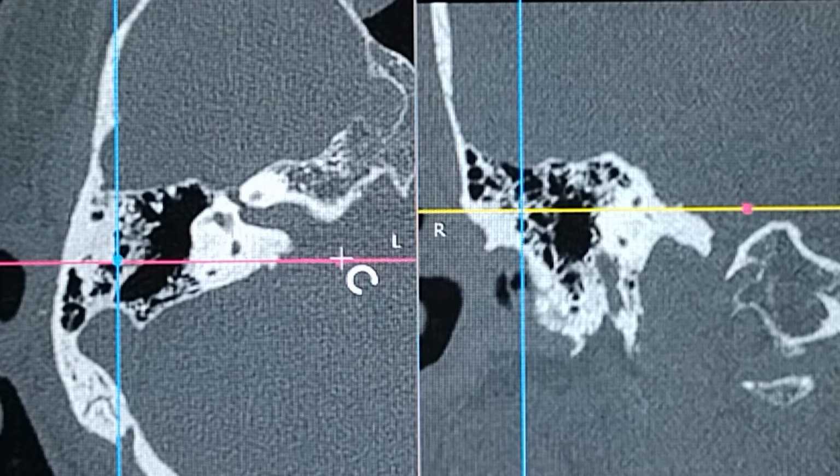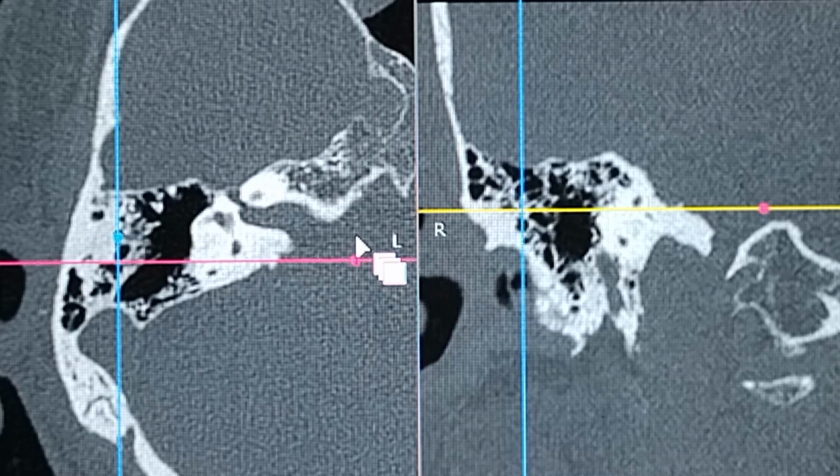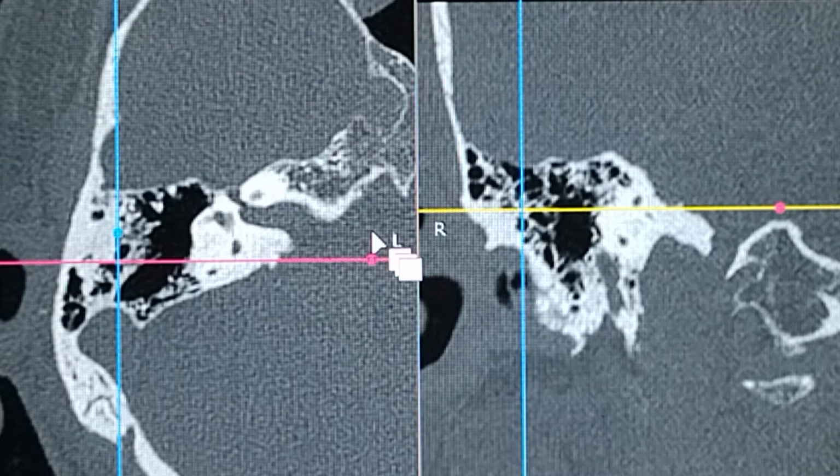This is basically the cisternal part. The place where the nerve takes its origin in the brain, the intracranial part, is called the cisternal segment. When it enters the IAC, it is called the intracanalicular segment.